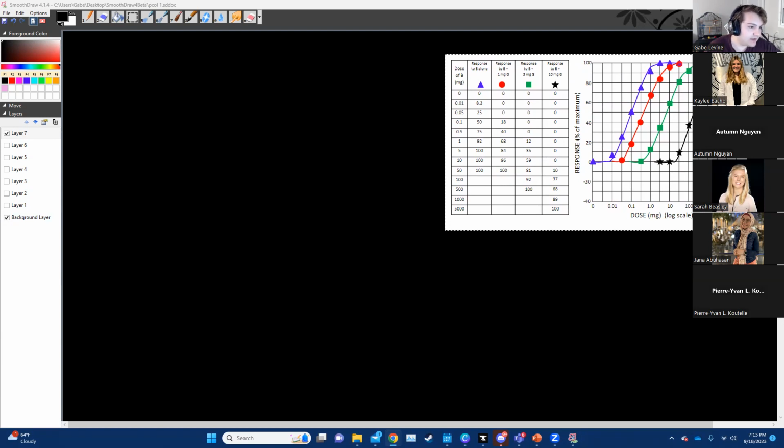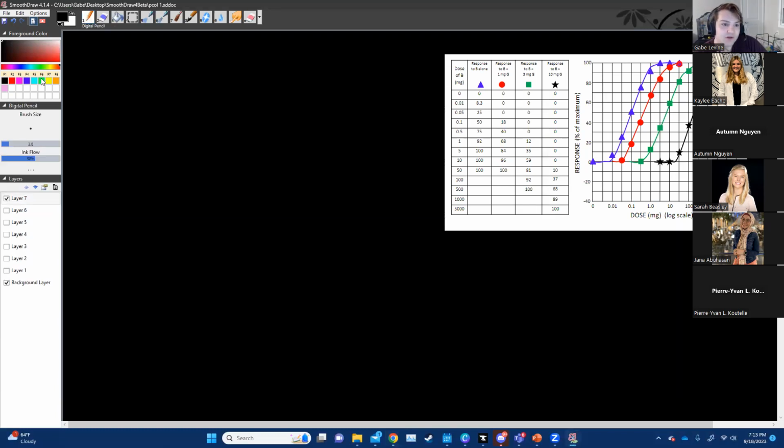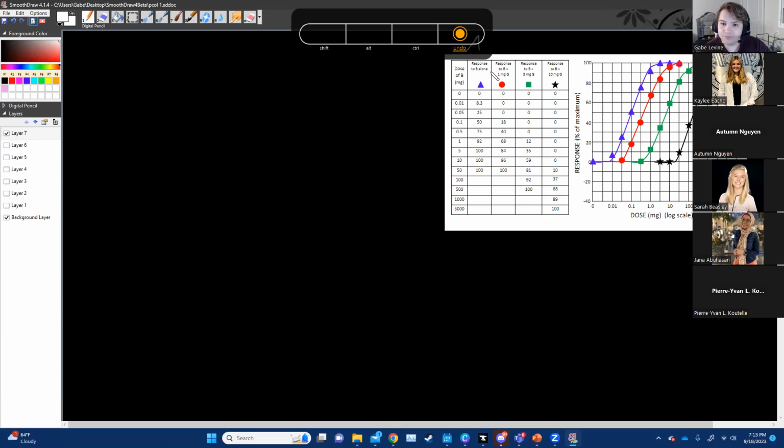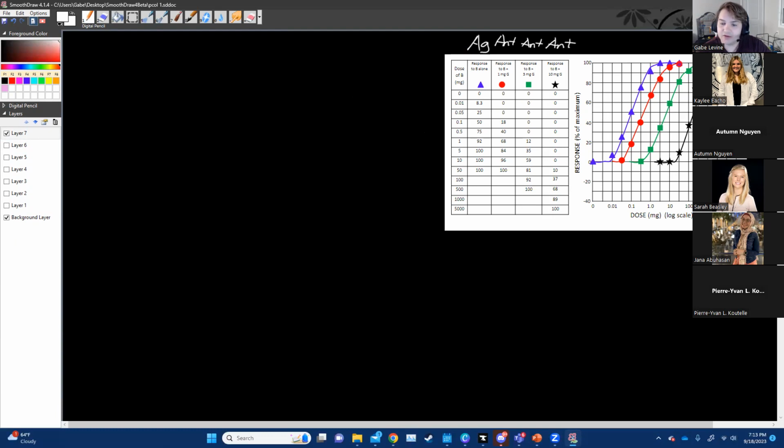So what we're looking at here is an agonist, which is the triangle, and then we have three antagonists, which are the circle, the square, and the star. Specifically, we are giving the agonist, but we're also giving the antagonist in these other situations. So for the first column, we have just one drug, and for the second, third, and fourth column, we have two drugs being administered, and we have different doses of the antagonist: 1 milligram, 3 milligrams, and 10 milligrams.